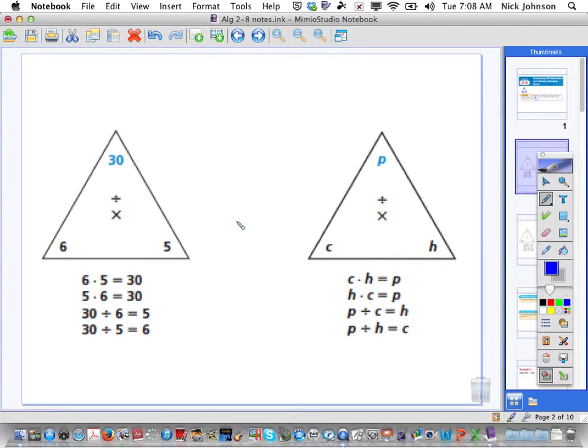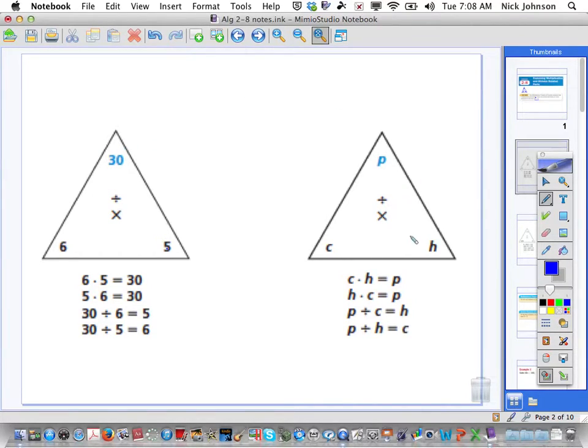So, looking at these related facts triangles, as you notice here, 6 times 5 gives me 30, so the product. 30 divided by 6 gives me 5. 30 divided by 5 gives me 6. 5 times 6 gives me 30.